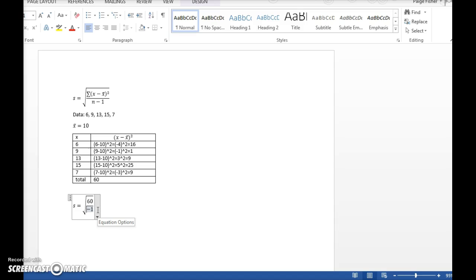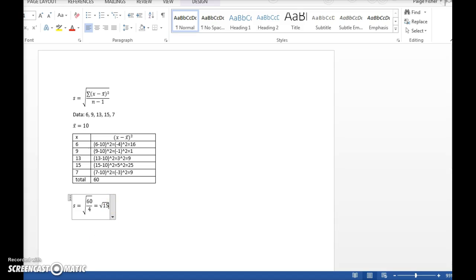So we have 1, 2, 3, 4, 5. Yes, 5. And so 5 minus 1 is 4. So this is just going to equal, under the square root, 60 divided by 4, which is the square root of 15.